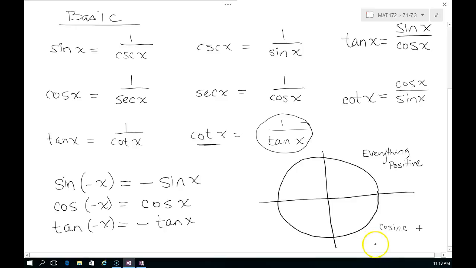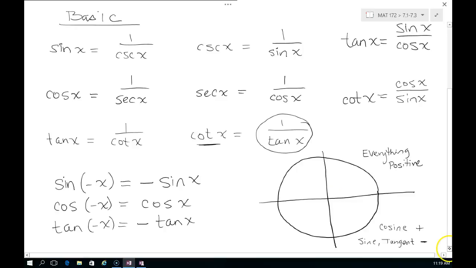And then sine and tangent are negative. And then anything that has the same reference angle is going to have the same trig value. You just might have to change the sign based on the quadrant it's in.